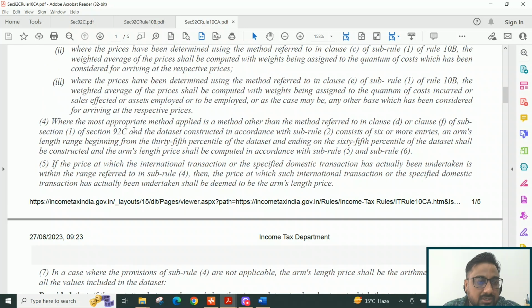So where the most appropriate method applied is a method other than the profit split and other method, and the data set constructed in accordance with sub rule 2 consists of 6 or more entries, then an arm's length range beginning from the 35th percentile of the data set and ending on the 65th percentile of the data set shall be constructed, and the arm's length price shall be computed in accordance with sub rule 5 and sub rule 6, correct?